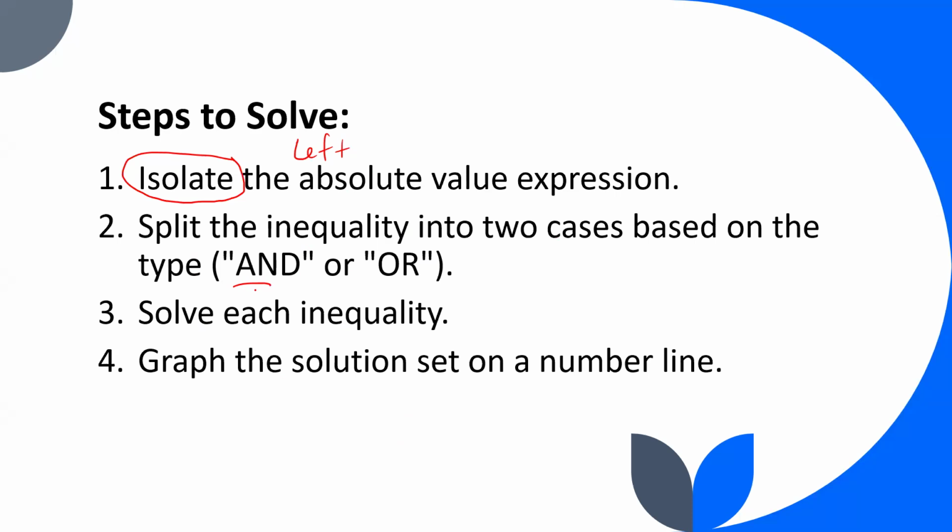It's our split, but is it less than or greater than? And is going to be our less than, remember? Okay. And is our less than, and or is our greater than. Our less than and our greater than. Got it? Then you're going to solve each inequality, and then you're going to graph the solutions on a number line. Okay. On the number line, you're either going to have a split or a joint solution.